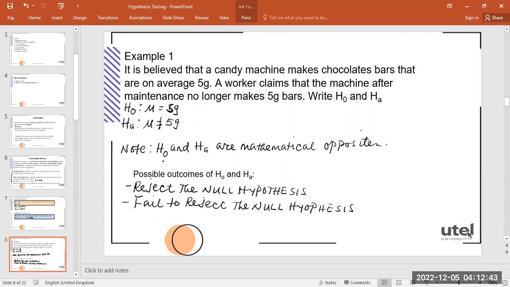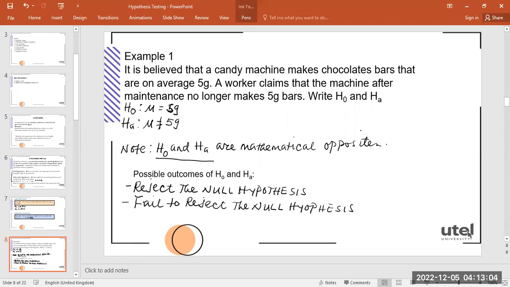It is important to note that the null hypothesis and the alternative hypothesis are mathematical opposites of each other. And once we state them, there are 2 possible outcomes that we could have, statistically speaking.